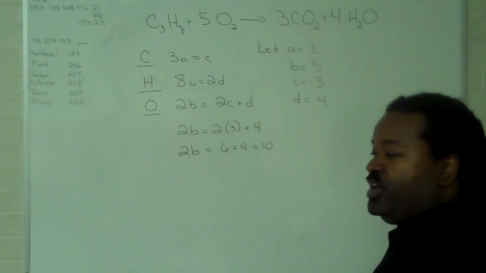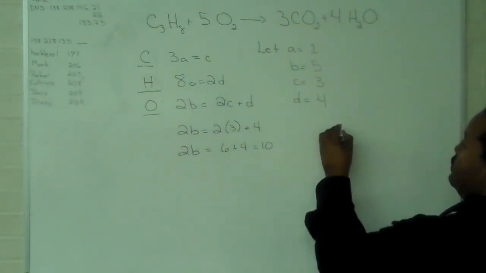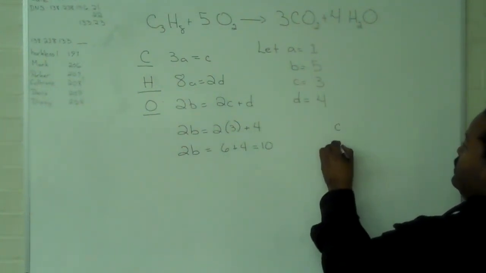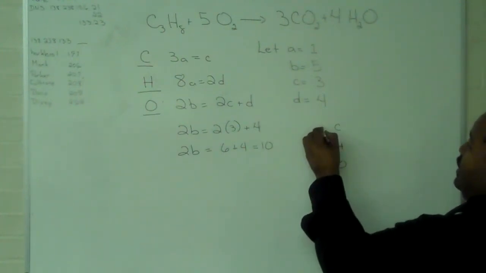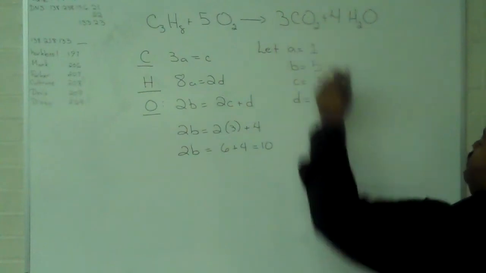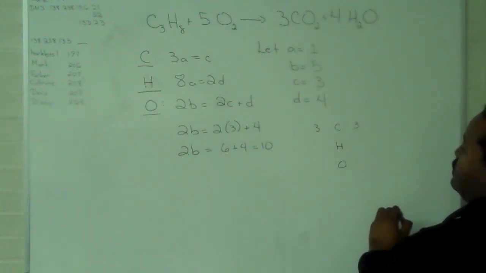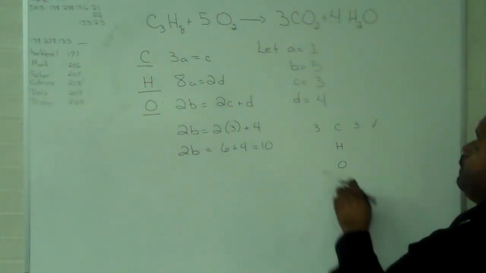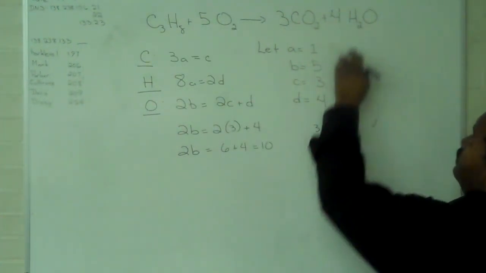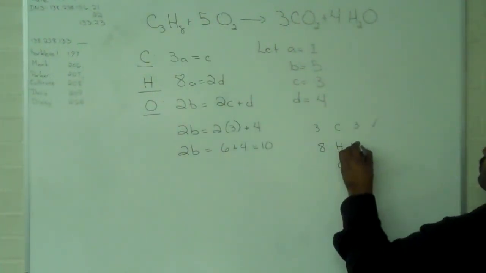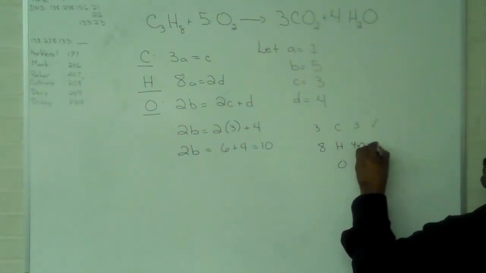And if I want to verify, that's a simple check step. I have to make sure that my carbons, hydrogens, and oxygens are balanced. On the reactant side, I have 3 carbons, and 3 times 1 gives me 3 carbons. So that checks out okay. For the hydrogens, I have 8 here, and 4 times 2 gives me 8.